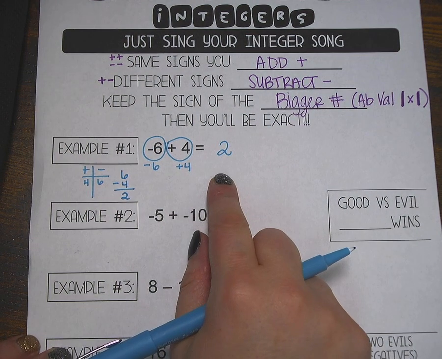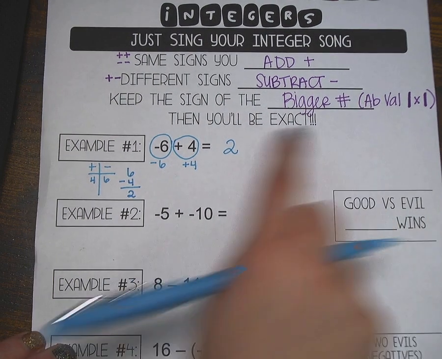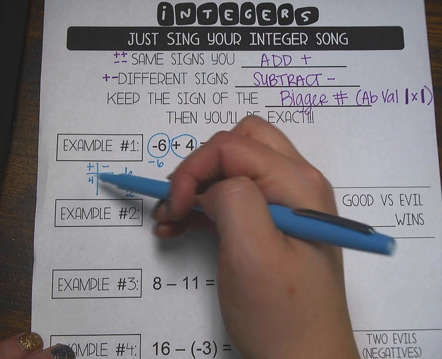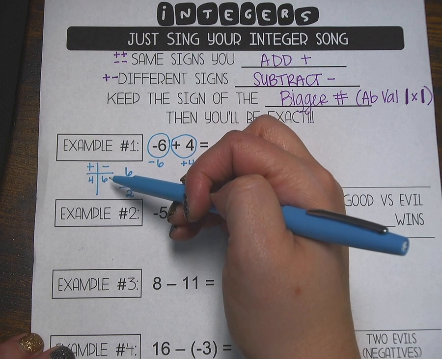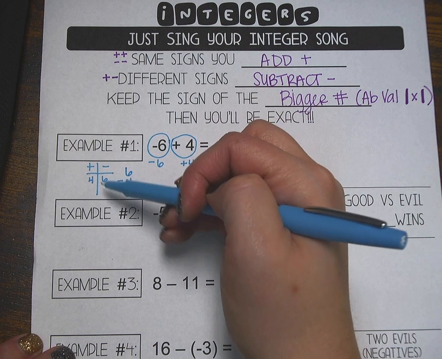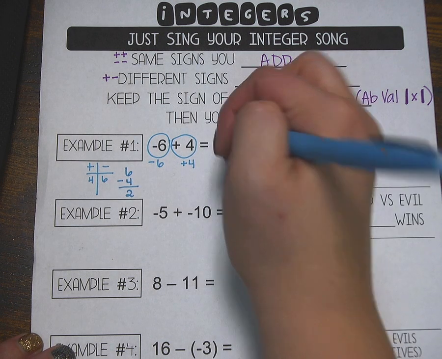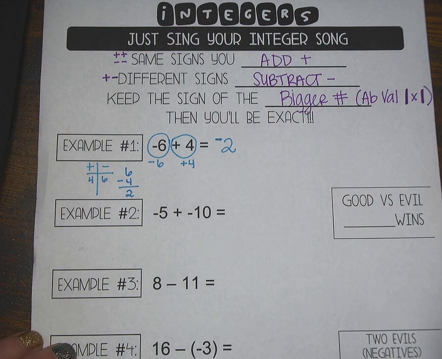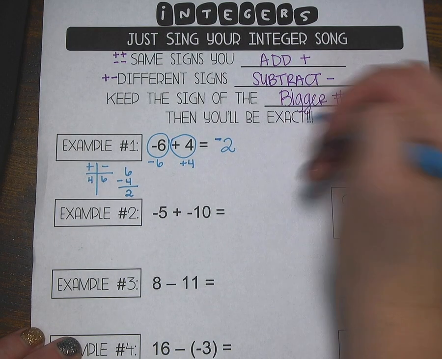But then we have to decide who had the bigger number, who had more players on their team. Did the positive team have more players or did the negative team have more players? Well, we can see that the negative team had more players, and so the answer will be -2. If you wanted, you could draw some quick counters and check yourself.